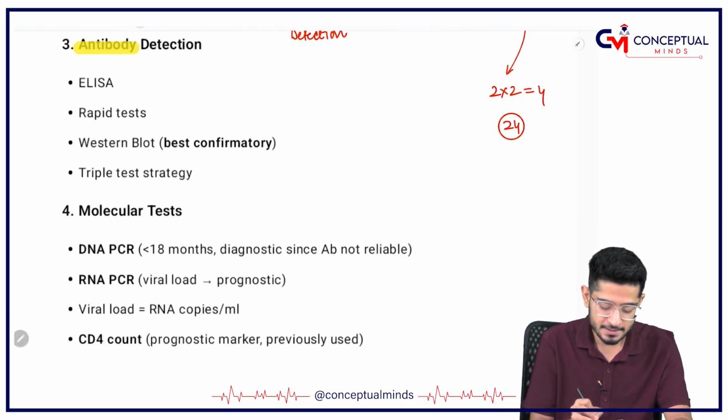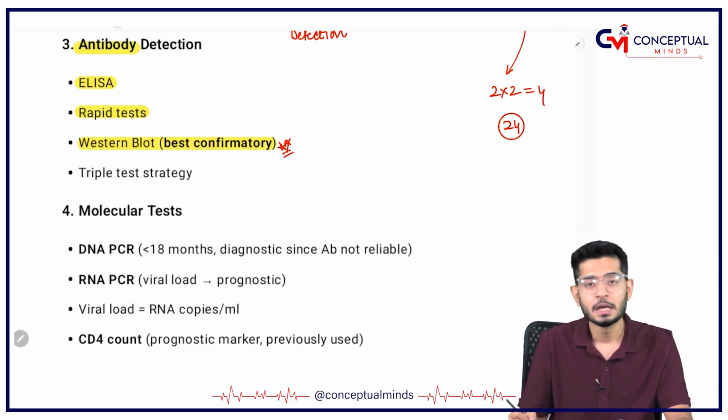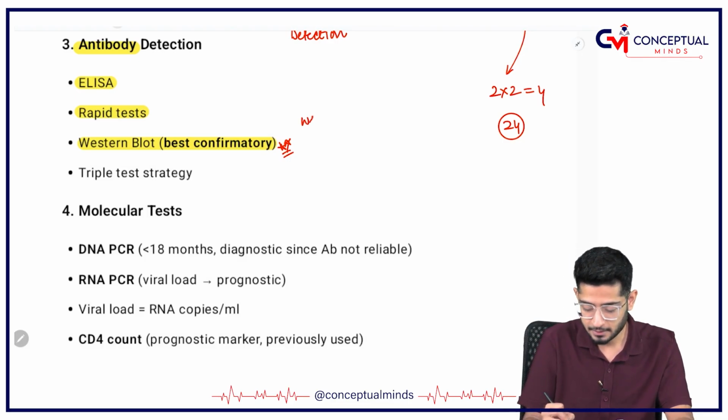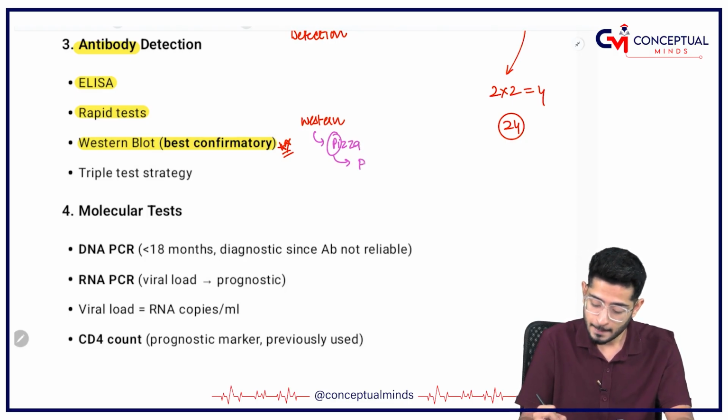Antibodies, how antibodies are detected? Using ELISA, using rapid tests, using the Western blot, which is the best confirmatory technique. So Western blot, in Western countries, I'll write it here, in Western countries people love to have pizzas, okay. So Western blotting is required for proteins, okay.